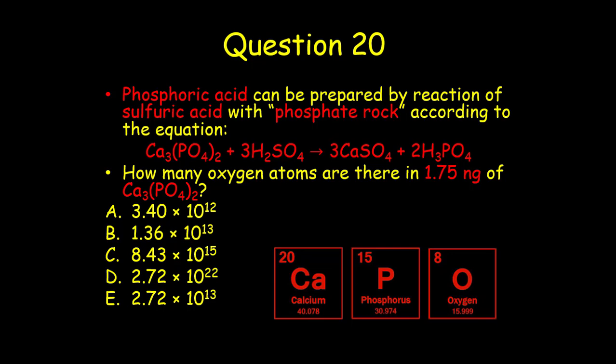We just need to find the answer to the question, and our only necessary thing from the equation is Ca3(PO4)2. So the choices: 3.4 times 10 power 12, 1.36 times 10 power 13, 8.43 times 10 power 15, 2.72 times 10 power 22, 2.72 times 10 power 13.